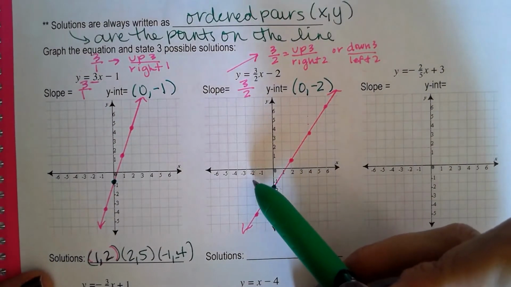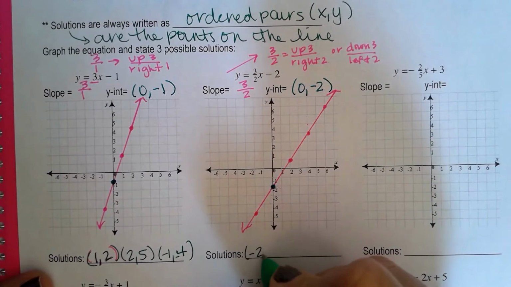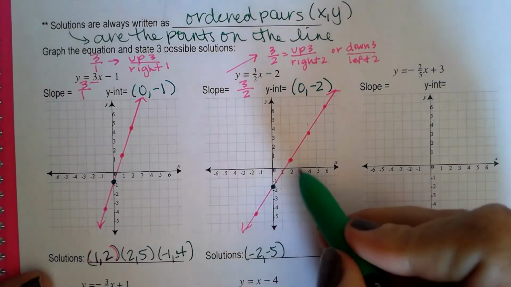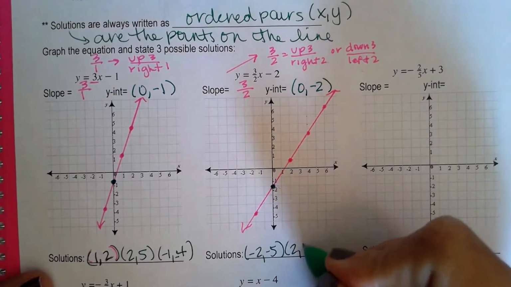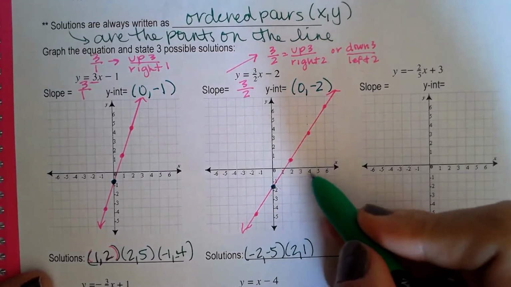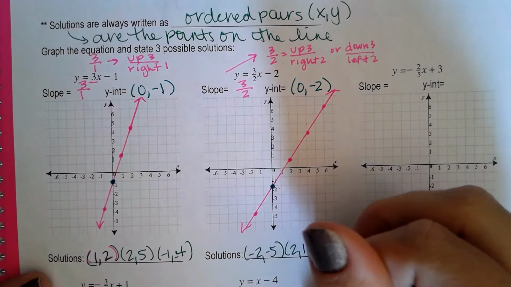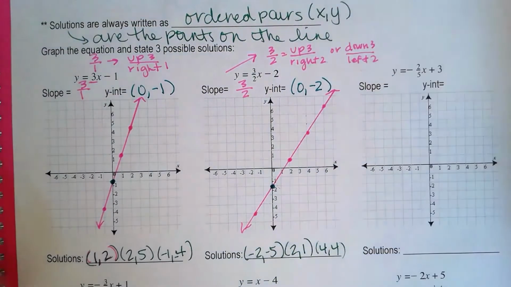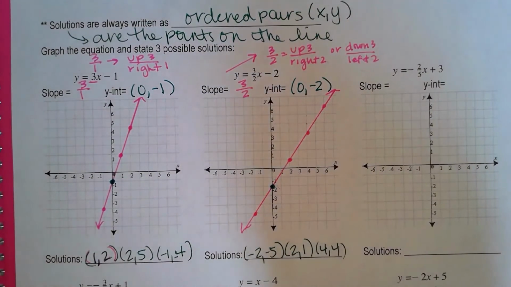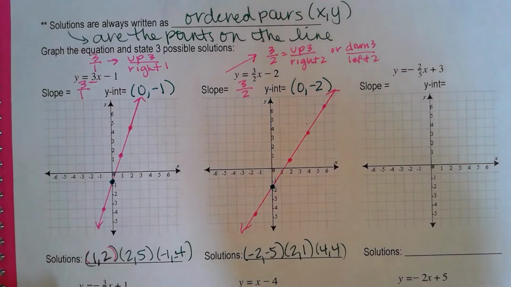So like right here, that's -2, -5. That one is 2, 1. This one is 4, 4, I think. Now we could pull another one if we wanted to, but it just said to give 3 possible solutions.